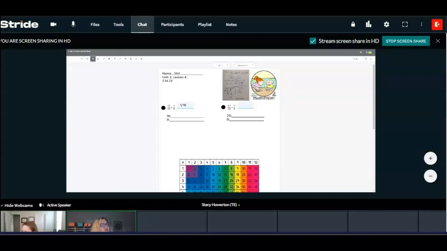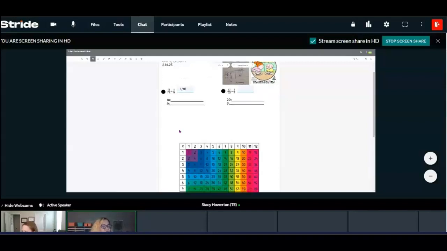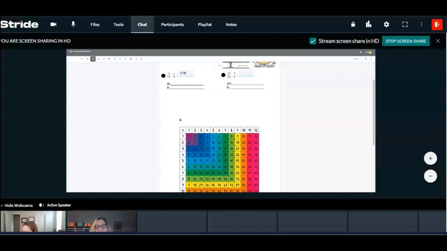That's a strategy I use with Sawyer and was using with them: just do two of these and then go to the bottom one and think about if you can get to it. But I didn't model trying to find it on the multiplication chart first. I just kept saying the multiplication chart is down there if you like, but I didn't model it.